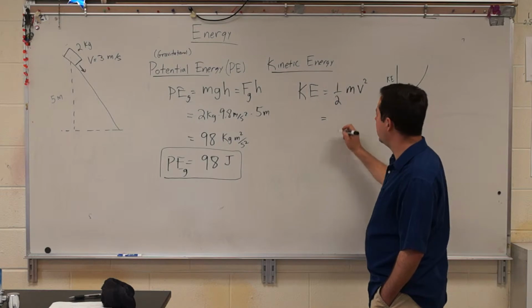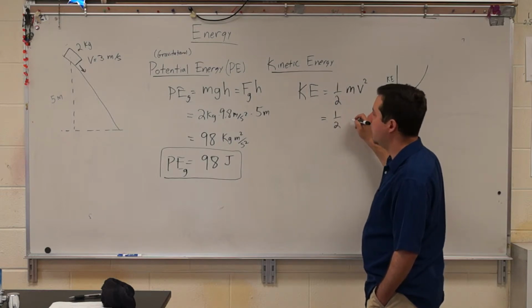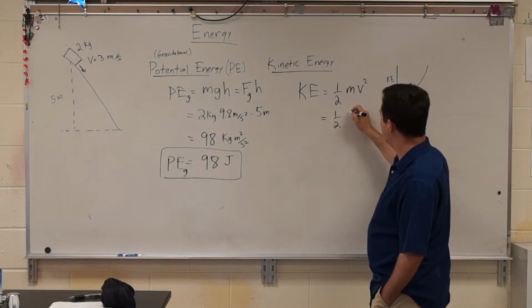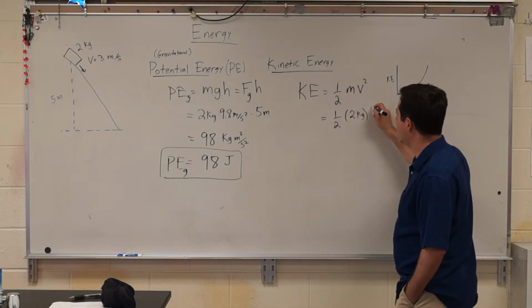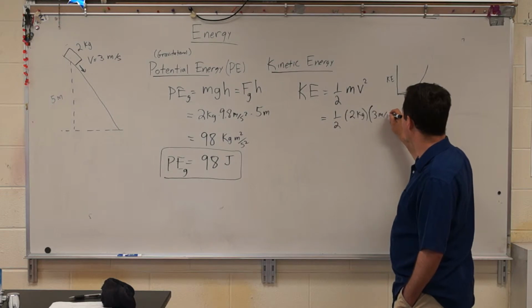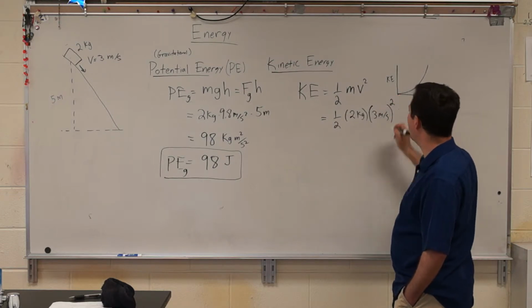I can solve for this. I said 1/2 times 2 kilograms times the velocity of the object, 3 meters per second, and that is squared.